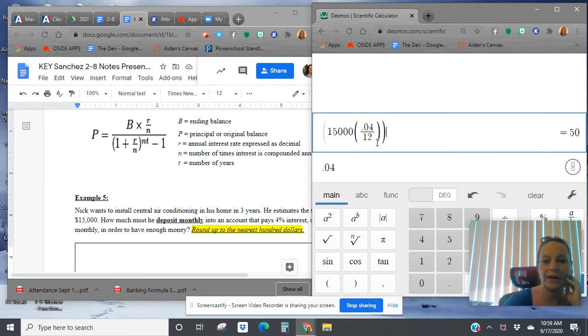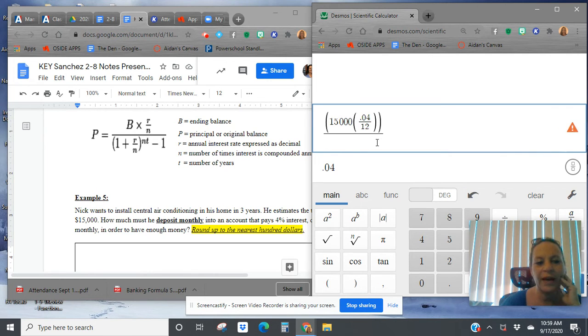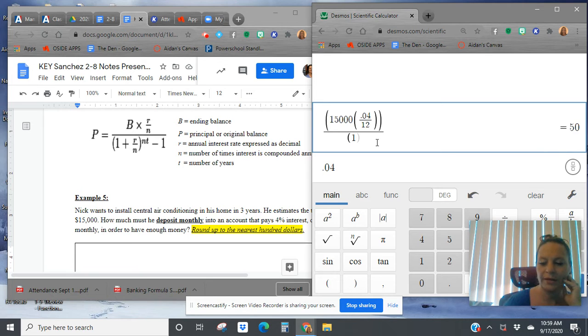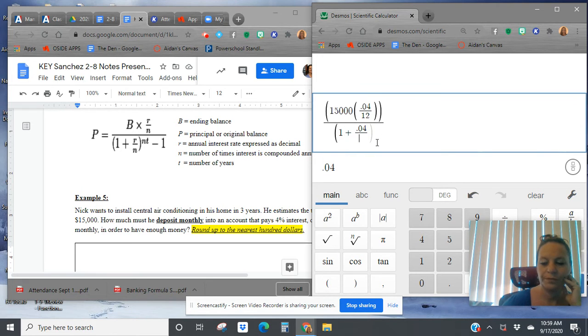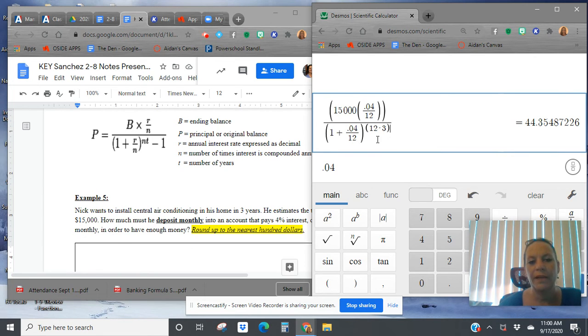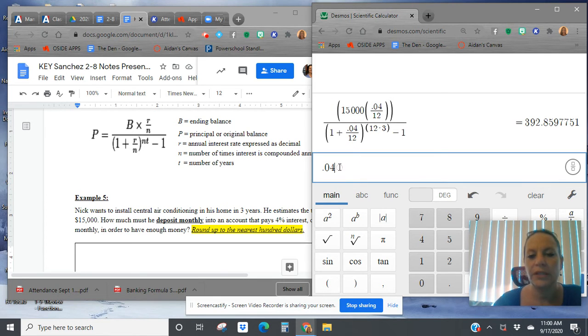And then that whole thing is your numerator. So divide that by 1 plus the rate, compounded monthly, to the power of 12. And then how long, in 3 years? So times 3. And then the minus 1. So I have to arrow down minus 1 for my denominator. So what this gives me right here is P, your periodic amount that we're going to have to be depositing monthly.